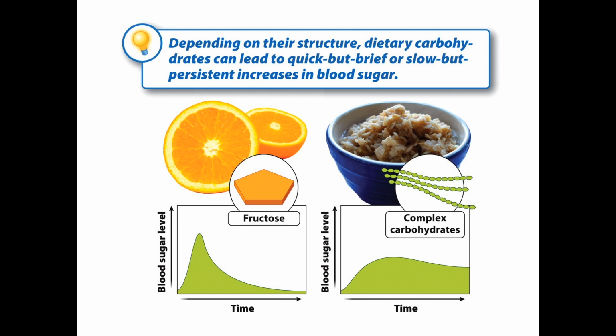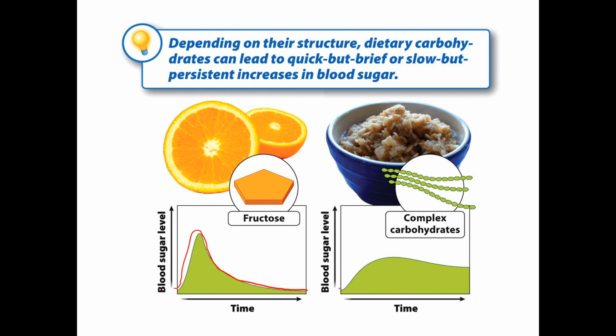If you consume either simple sugars or disaccharides, anything but polysaccharides, you get a relatively rapid increase in your blood sugar levels as digestion happens. Then, assuming your body is regulating it properly and you don't have diabetes, it goes back down to normal relatively quickly.